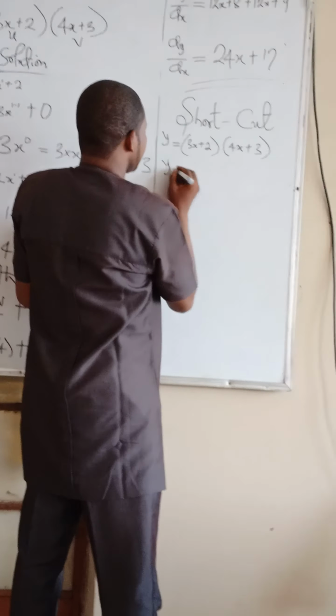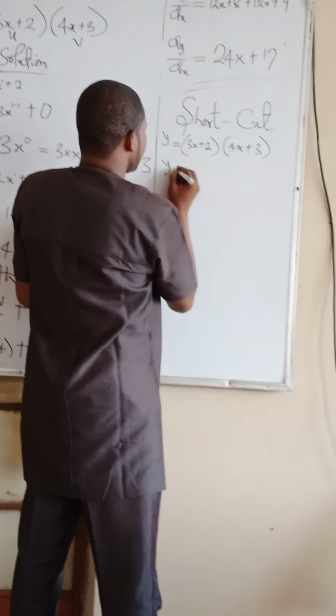I'm done with this, so I move to the next one. 2 times 4x gives me 8x. 2 times 3 gives me 6.